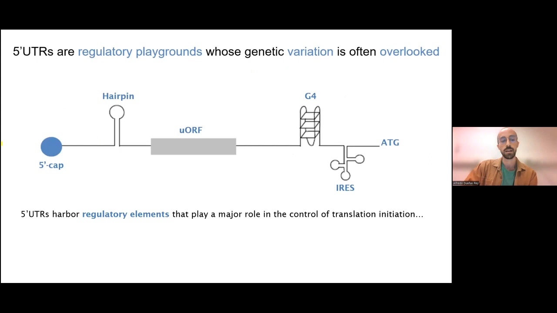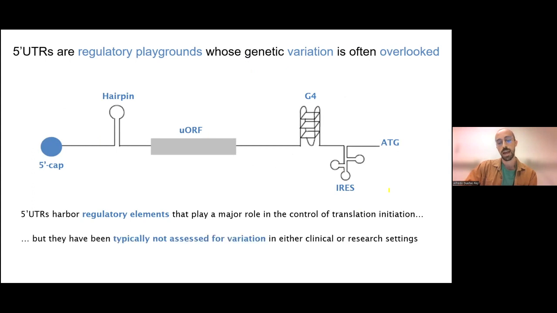Well, they are regions containing several regulatory elements like upstream open reading frames or internal ribosomal entry sites that are essential for the initiation and fine-tuning of translation. And despite the regulatory importance of these regions, they are typically not assessed for variation in either clinical or research settings, which is precisely the topic of this presentation.